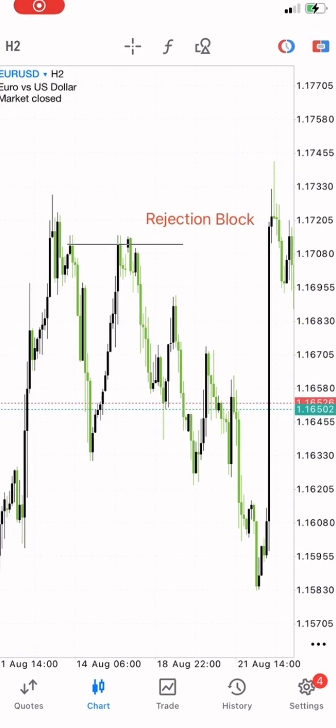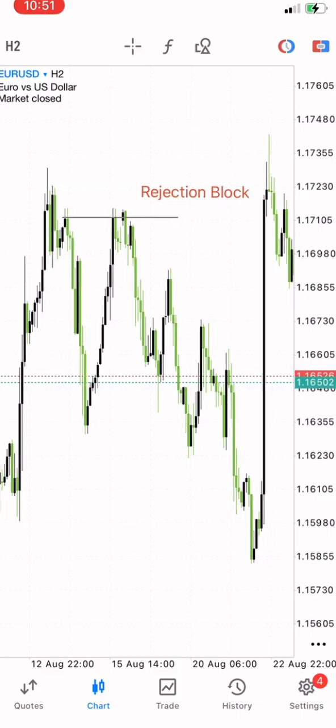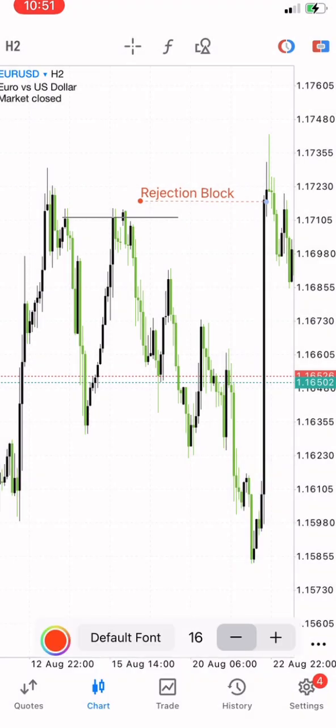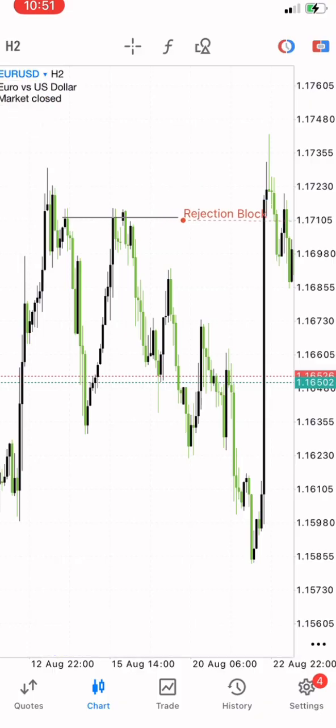Rejection block. It's a nice one. It's the closing price of the candles, the closing price of the order blocks, when they leave either a stubby or a long wick, right?